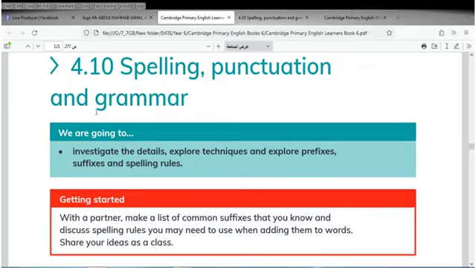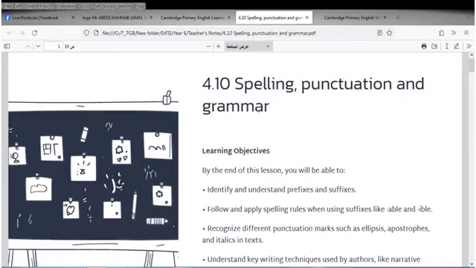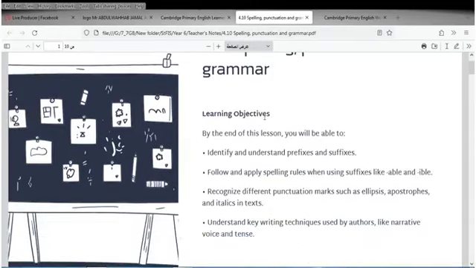Spelling, Punctuation, and Grammar. In today's session, students, boys and girls, we are going to identify and understand prefixes and suffixes. And we are going to follow and apply spelling rules when using suffixes like able and ible.